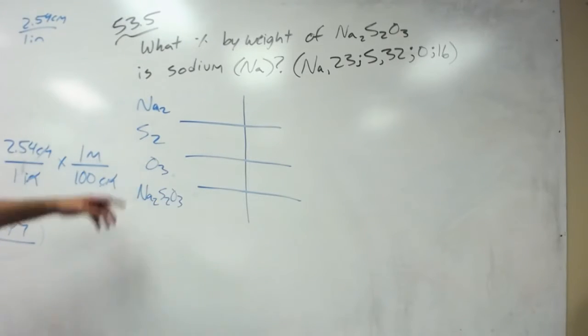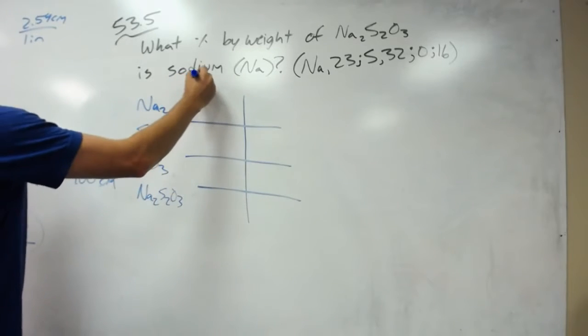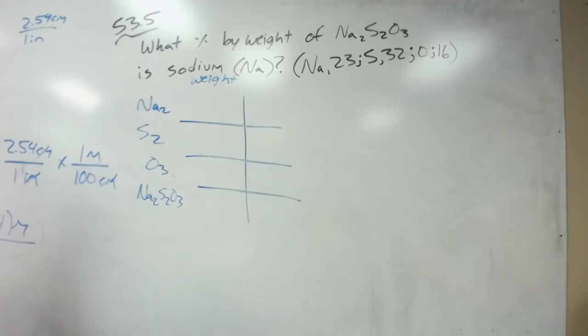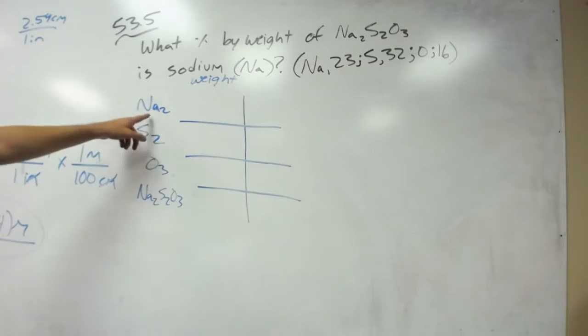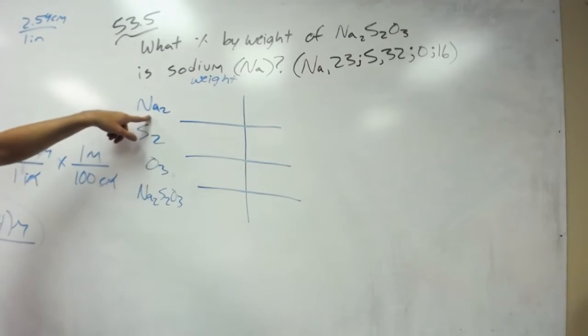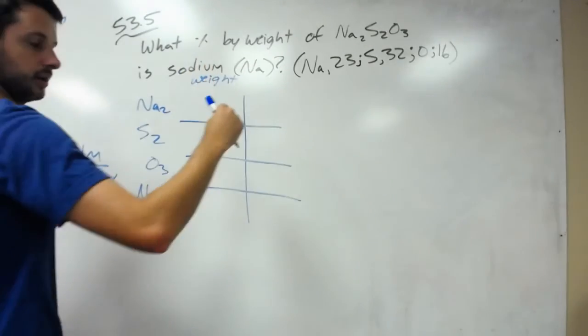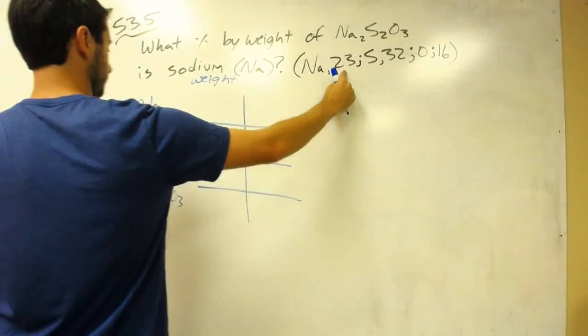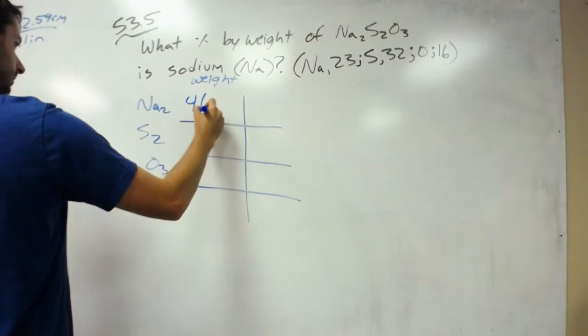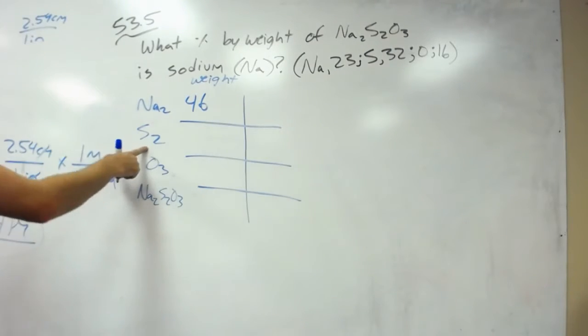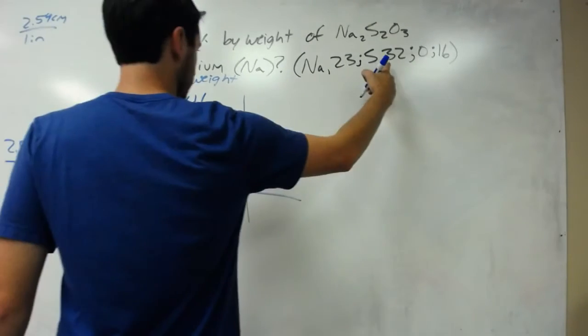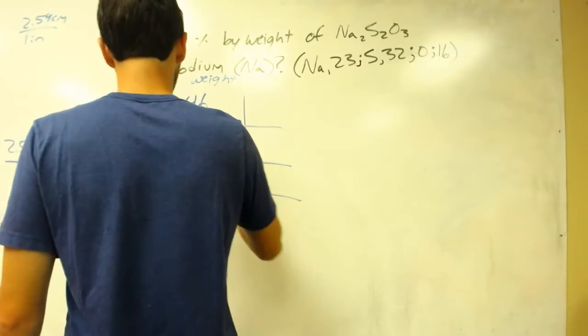So we plug in, okay, this is our weight column, and we're going to try to find the percent. So Na2, we know the value of 1 Na is 23. So 23 times 2 is 46. S2, 1 S is 32, so multiply it by 2 to get 64.